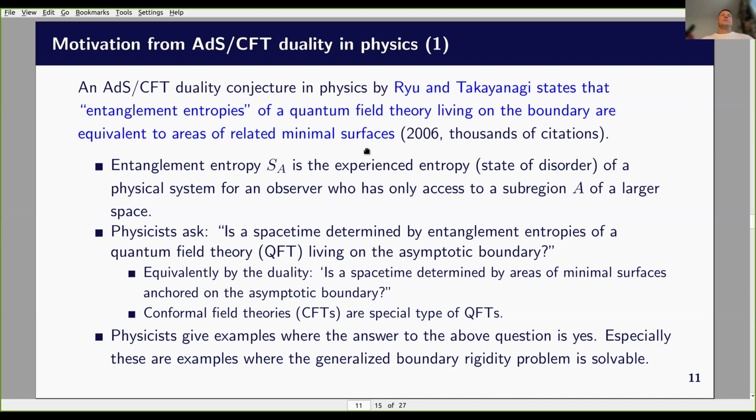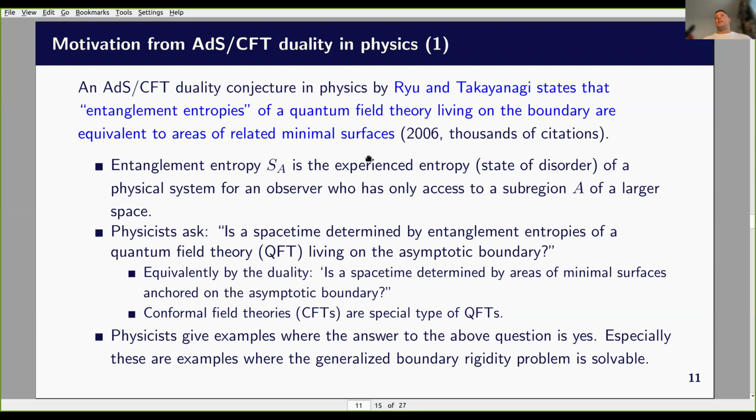Now, physicists ask a lot of things, but one question which they ask is the following. Is a spacetime determined by entanglement entropies of a quantum field theory living on the asymptotic boundary? By this duality of Ryu and Takayanagi, this is equivalent to the following question.